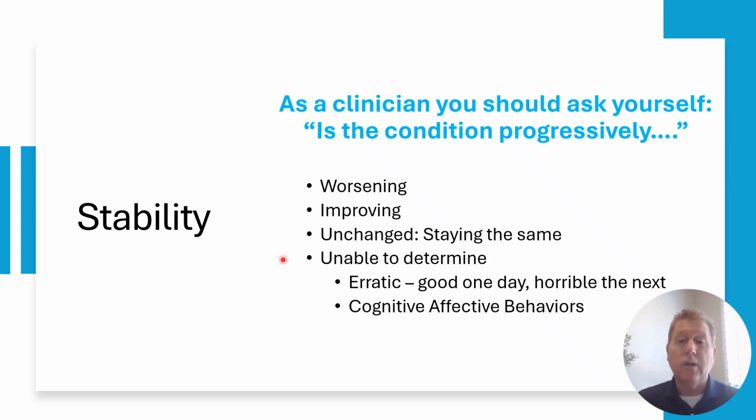Are they good one day, bad the next? Symptoms change from side to side. They move from central to a lateral discomfort. You see this sometimes with neck and back patients. Is it erratic? Their stability is erratic. A lot of times you will start to see cognitive affective behaviors as well.